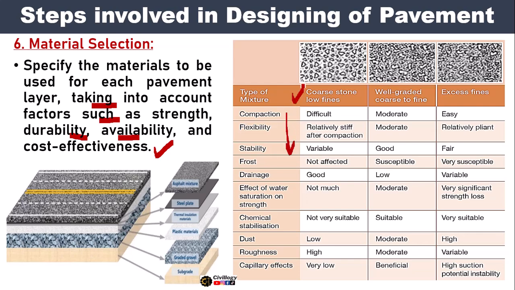If it is the core stone with low fines, then compaction will be difficult, and its flexibility will be relatively stiff after compaction and stability varies. You can see over here there are several other factors which affect the selection of the material. You will have to select the material which best suits your design.